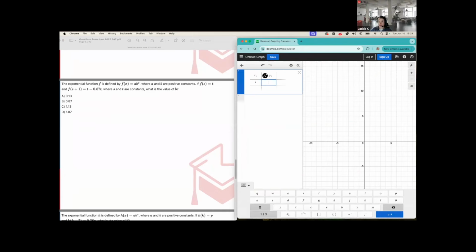Here I have s, y value is t, and then the second coordinate of x is s plus 1. And here I'll just write it as I see it, so 0.87t, and it will do the work for you. So now I have to determine what s and t are.